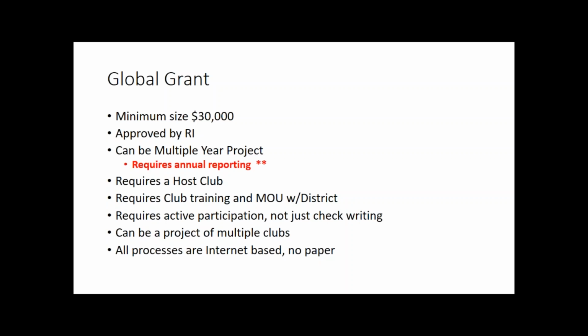Once I see all of that, then I will approve it, and then I email the DG, and the DG is the final one to approve. But again, RI has done all the work beforehand, and if RI has questions, you must answer their questions.